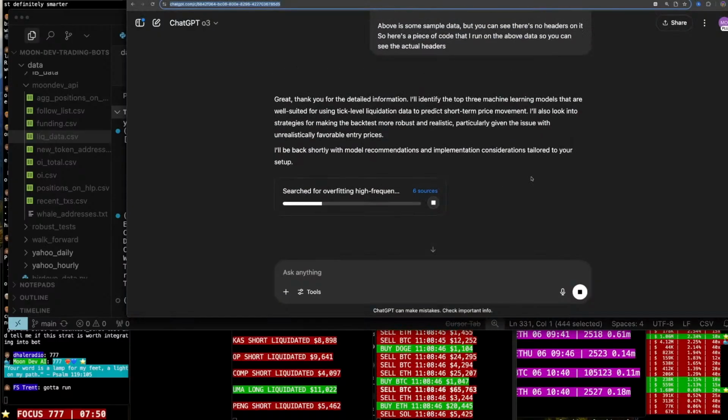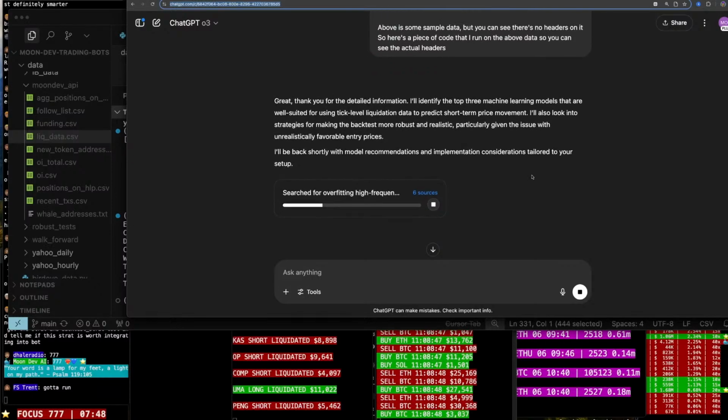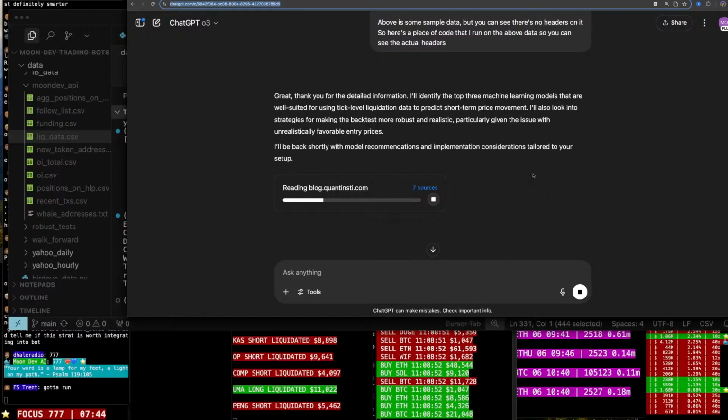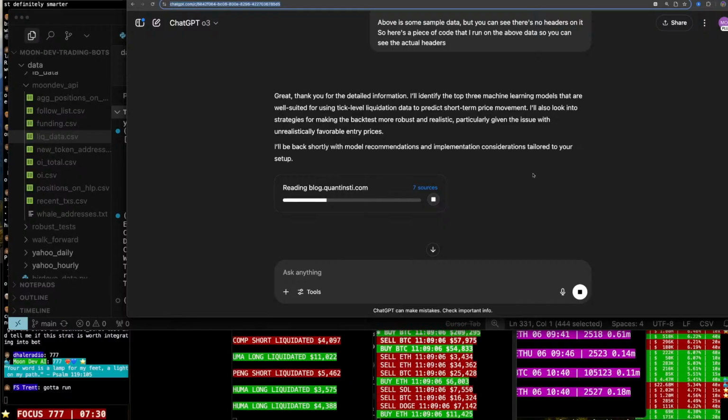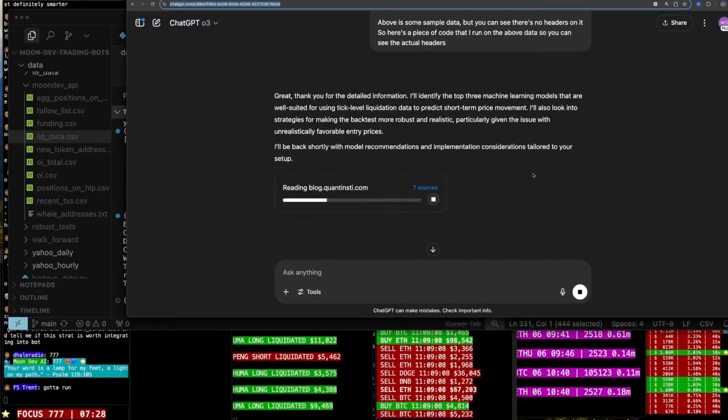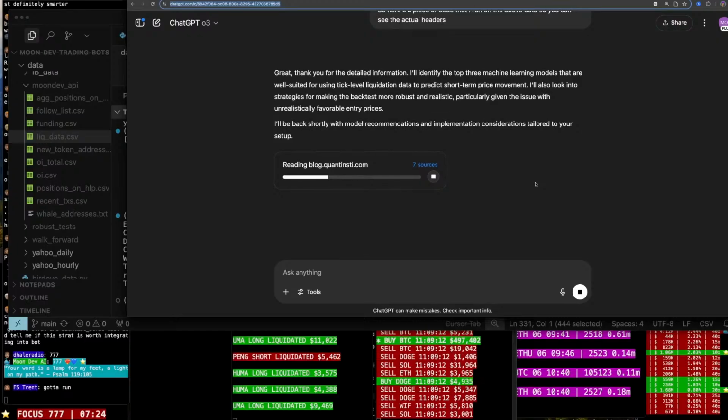So she's still working on it. Great. Thank you for your detailed information. I'll identify the top 3 machine learning models that are well suited for using tick level liquidation data that predicts short-term price movement. I'll also look into strategies for making the backtest more robust and realistic, particularly given the issue with unrealistically favorable entry prices.